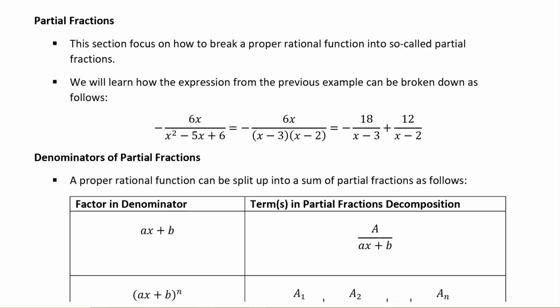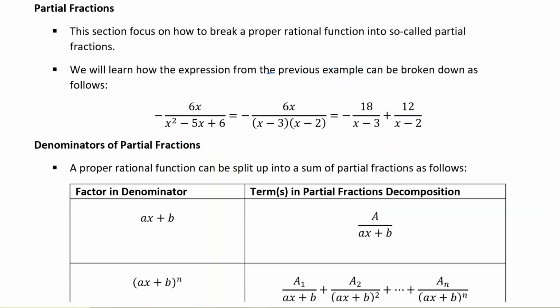That means you have a rational fraction and you are converting it into a sum of simpler fractions which may be easier to integrate. So we are decomposing a big rational function into two simpler rational functions. So we're going to learn how to do this.